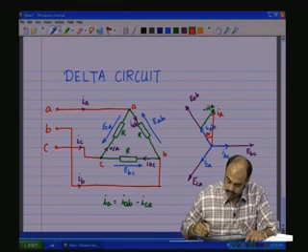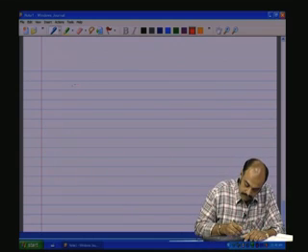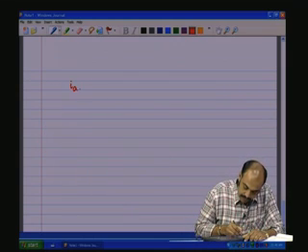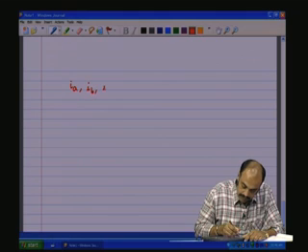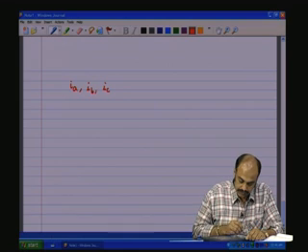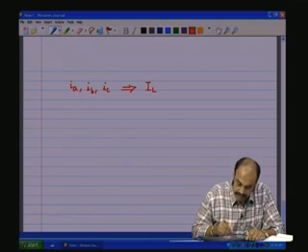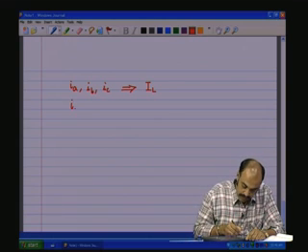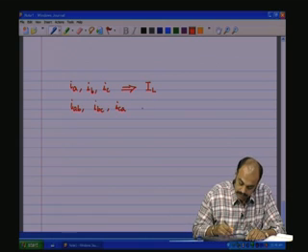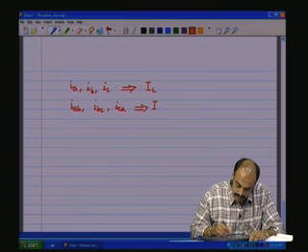So, here too, if you say that IA, IB, IC, they are all having the same effective amplitudes, and we will say that it is the line current IL. IAB, IBC, ICA, they are all having the same effective values I phase.